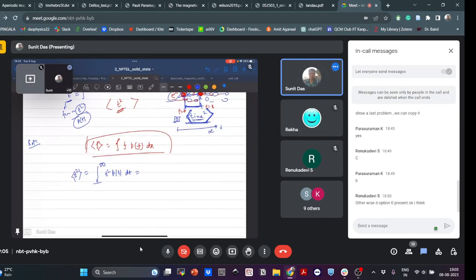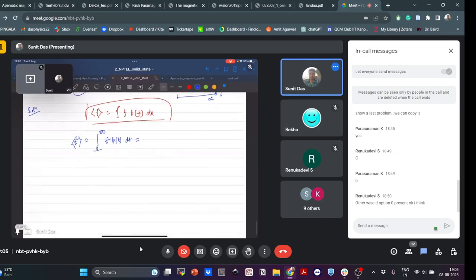So 0 to infinity, t square, 1 by tau e to the power minus t by tau, dt.